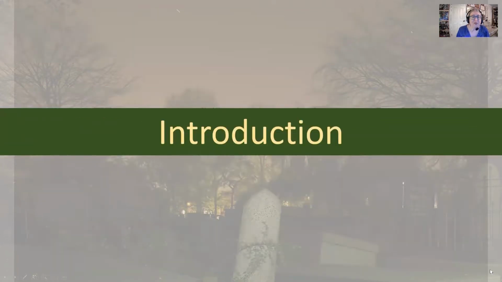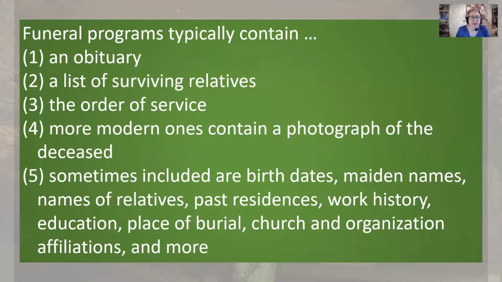So first, let me introduce, what are we talking about when we talk about funeral programs? Funeral programs were created and typically contain some of the following: an obituary, a list of surviving relatives, the order of the service. More modern ones contain a photograph of the deceased.